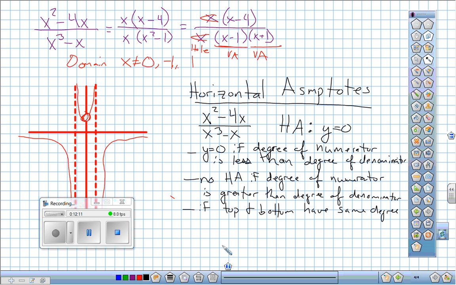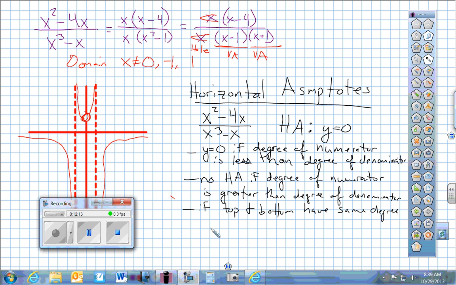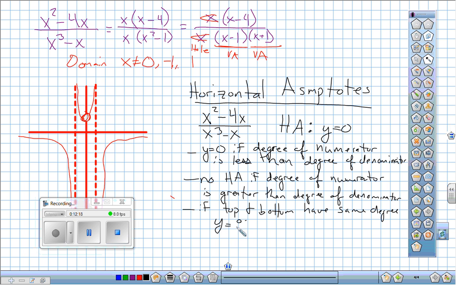So I'll show you what that means in a second. It will be y equals a over b. This is where my horizontal asymptote will be. And a and b are the biggest degree coefficients.